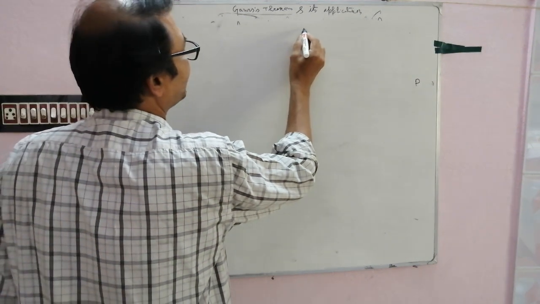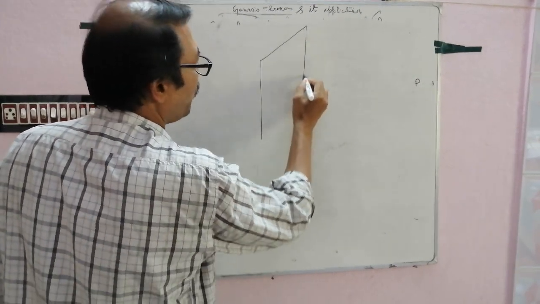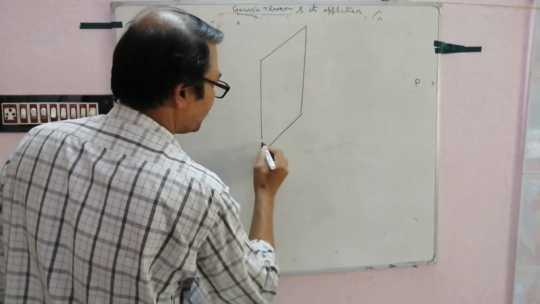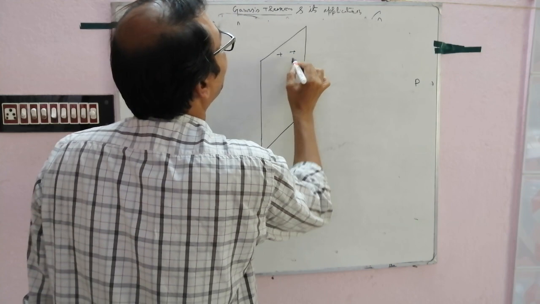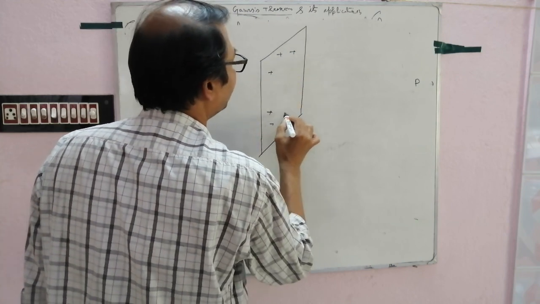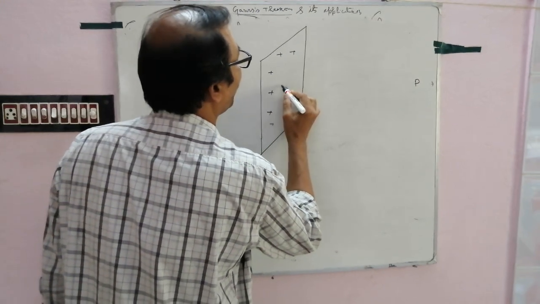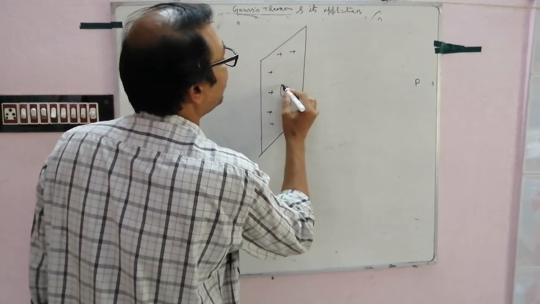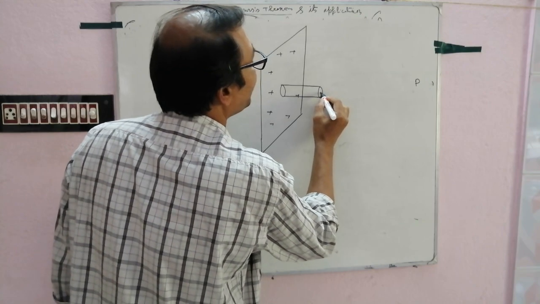Suppose this is a plane thin sheet of charge, plus or minus as you like. Find out the electric field very near to this point. This is a small area. We have to find out the electric field here.